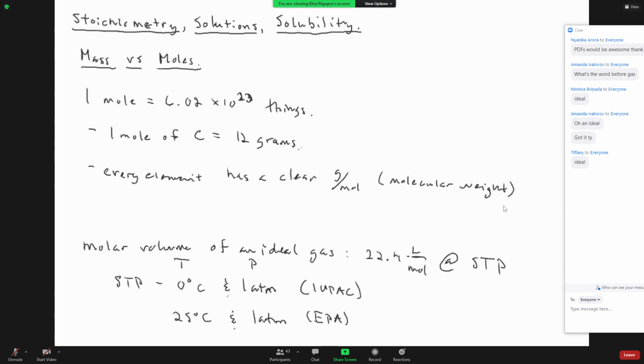So depending on who writes your passages for your tests on the MCAT, I've had students come back and tell me it's either an EPA question or an IUPAC question. If they don't tell you that it's EPA, you assume IUPAC, and it's 0 degrees Celsius and 1 atmosphere for pressure.